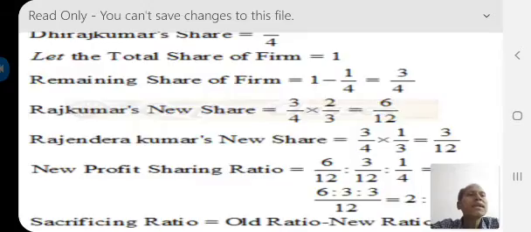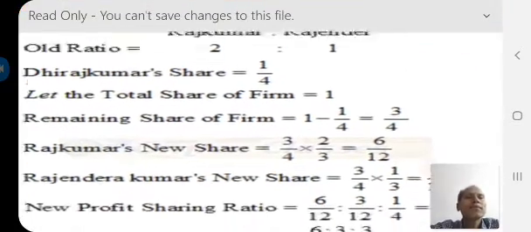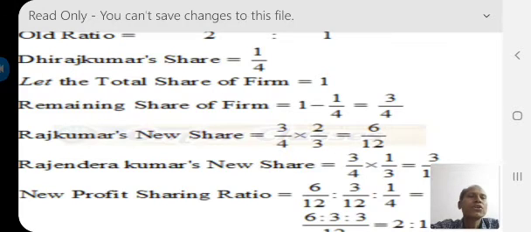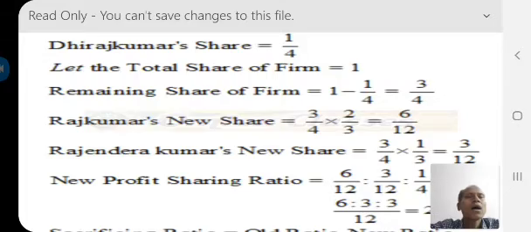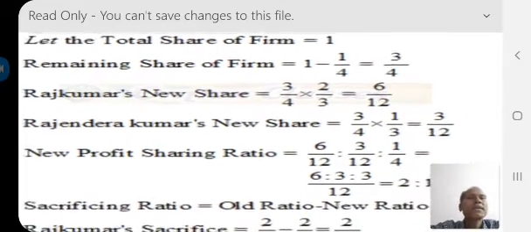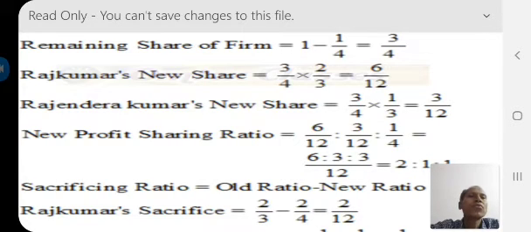So these 3/4 should be multiplied by the old ratio, 2/3 and 1/3, for Rajkumar as well as Rajendra Kumar. New share is 3/4 into 1/3, 3/12.